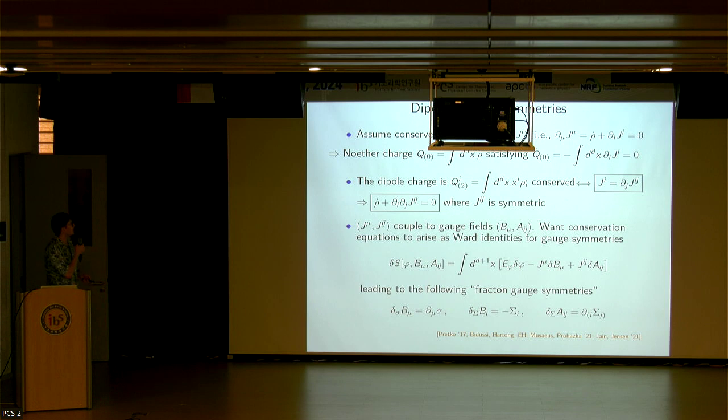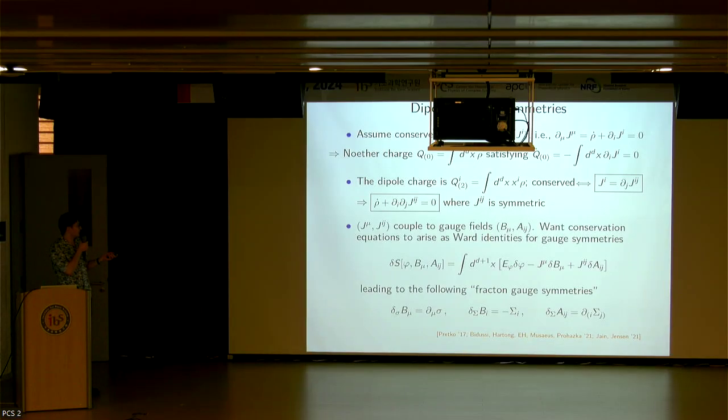So the starting point is a little bit the symmetries of a fracton system, or a dipole system, if you like. I will assume the existence of a conserved U1 current that is conserved in the usual way and satisfies a continuity equation of this form.